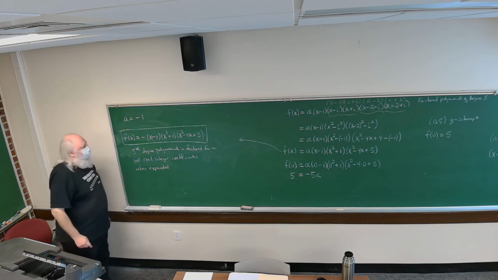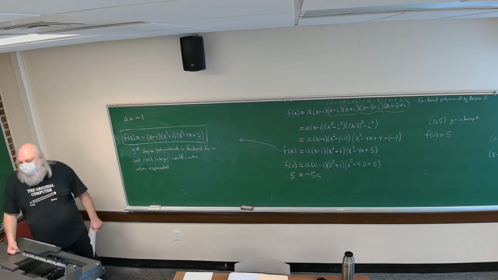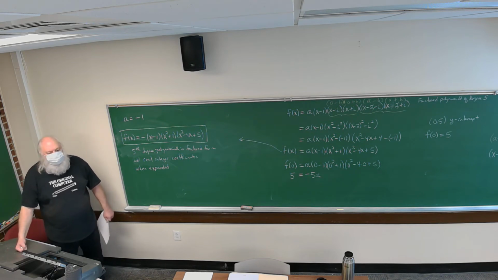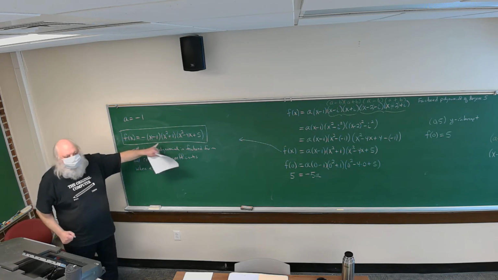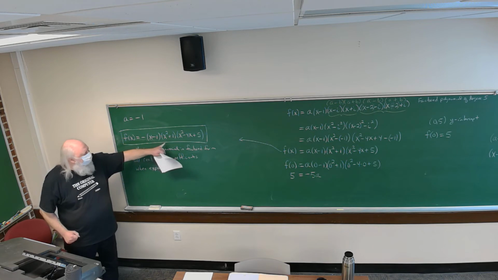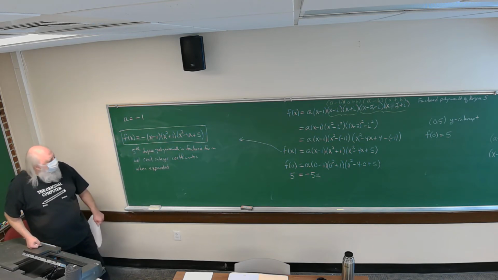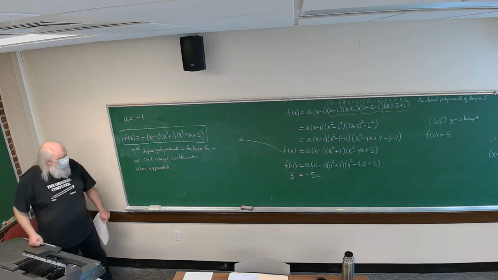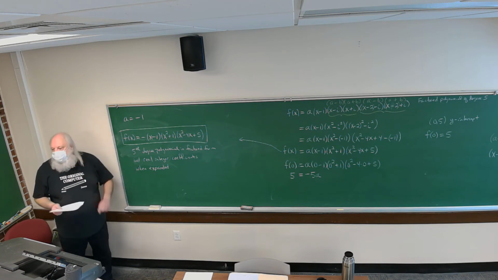As you can see in factored form, i doesn't show up anywhere, and all the numbers are integers. There are no fractions anywhere. Any questions on that?